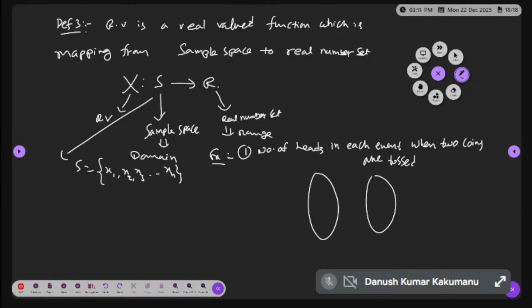See here, it is a mapping. Random variable is a mapping from sample space to real number set.